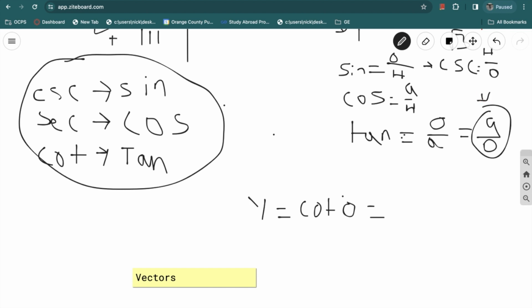Now this is where you need to know your unit circle and what it represents. We also know cotangent is the reciprocal of tangent, right? And tangent is sine over cosine. So cotangent must be cosine over sine.